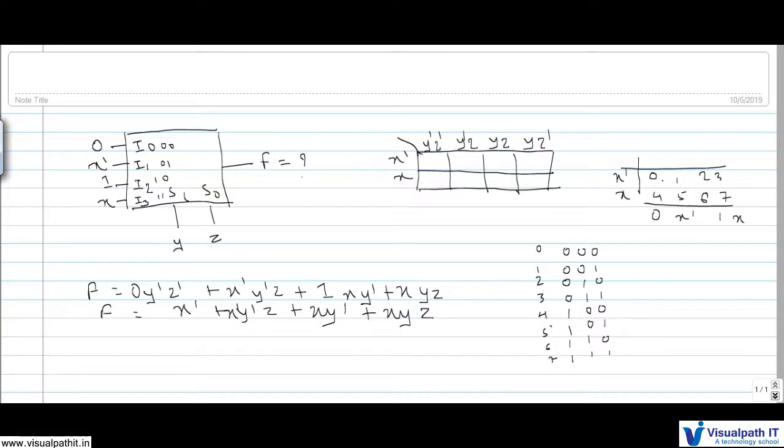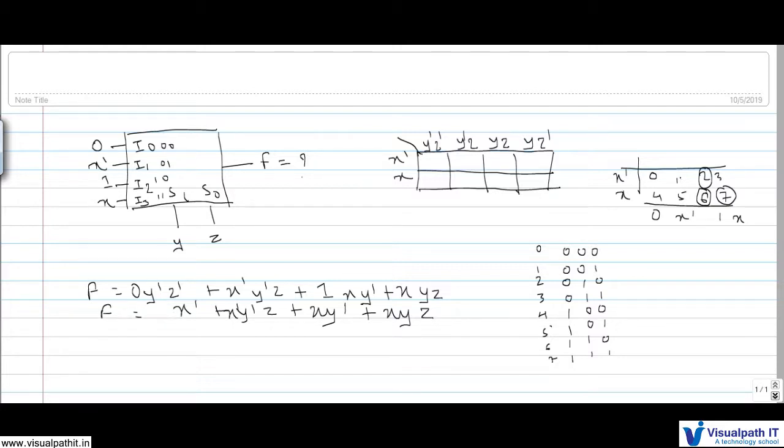And I need a 0. How will x come? X will come when I encircle this. How will 1 come? When both the circles are encircled.